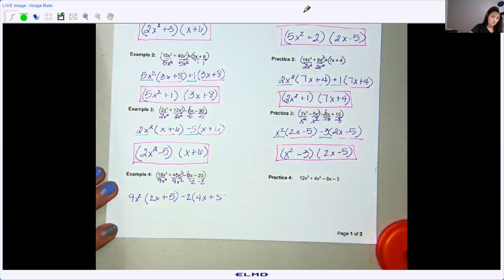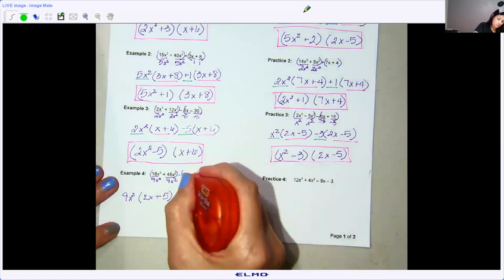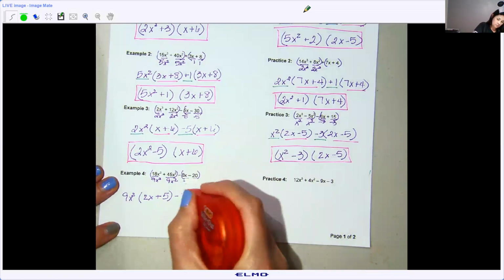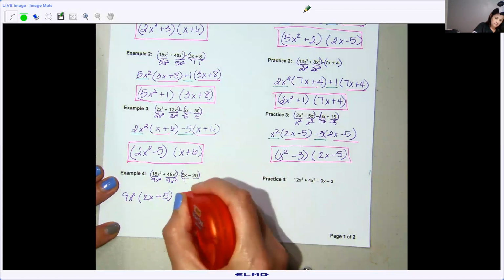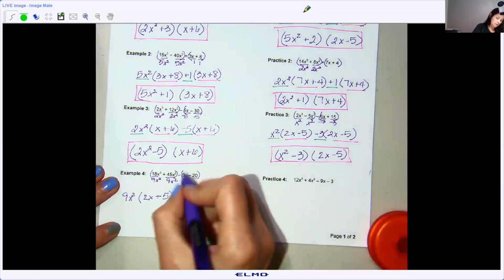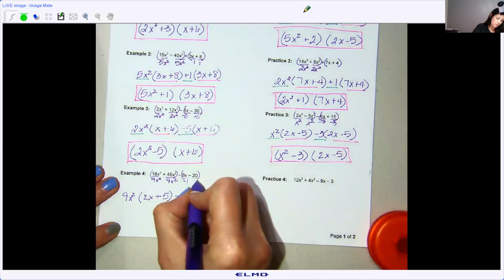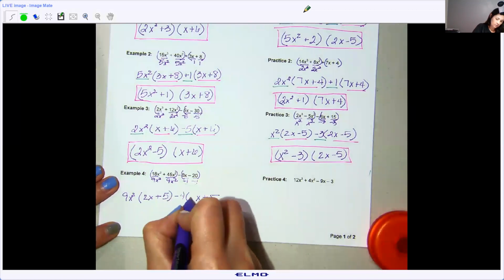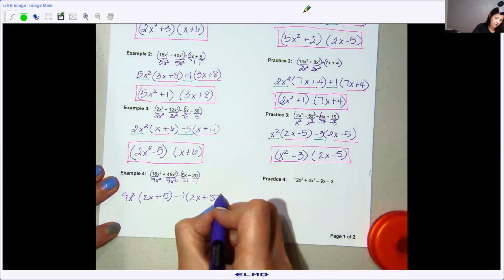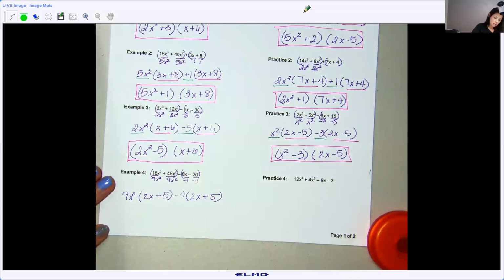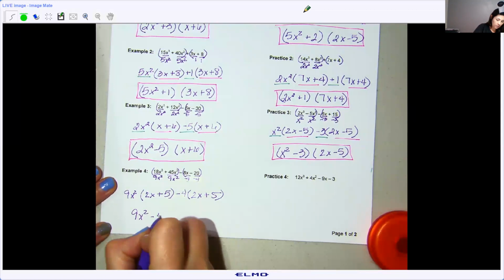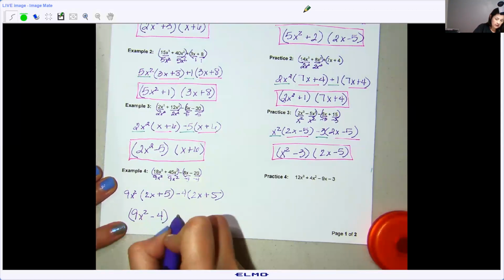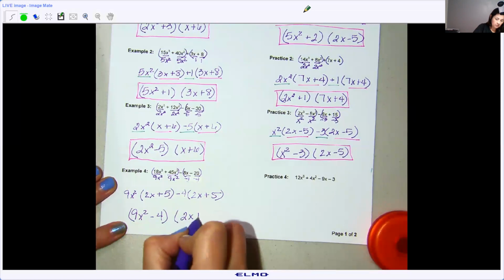No, I'm going to take out a -4. -4, -4, -4. 2x plus 5. There we go. So now I have a 9x squared minus 4 and a 2x plus 5.